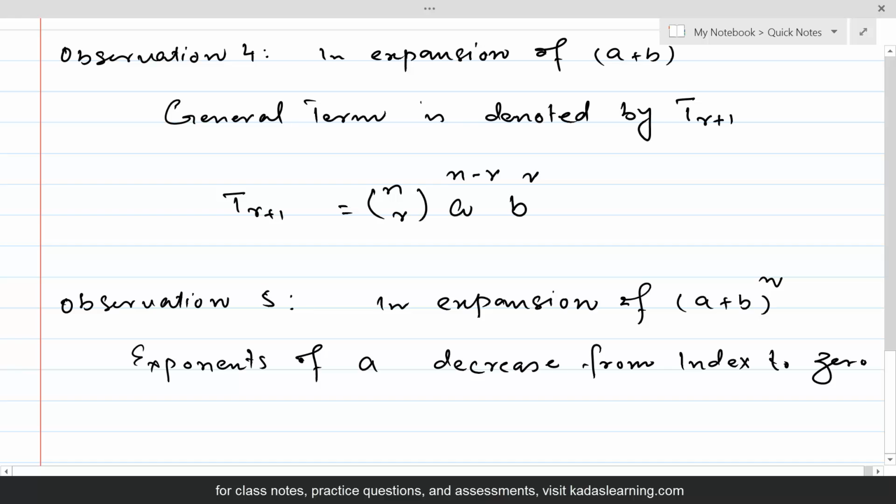So if the index is 3, the exponents of a will become 3, 2, 1, 0.